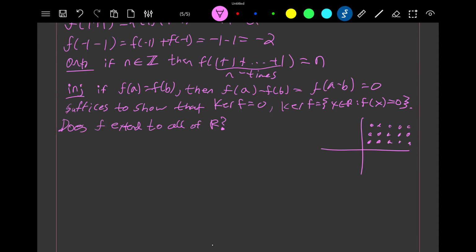Oh, but that's not closed. Okay, never mind. I think we should be good. So I was thinking that maybe we needed to define this for domains, which have the property that if x times y is 0, then either x is 0 or y is 0. But let's not do that.